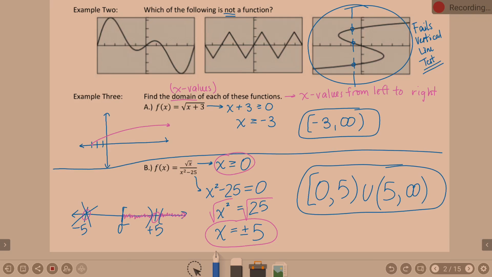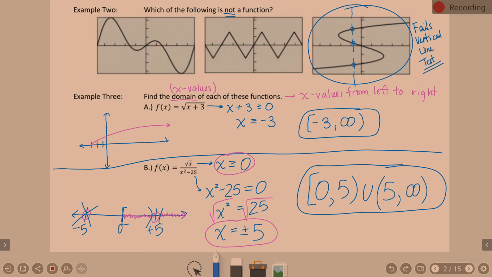Okay. Did you look at this graph? It's kind of a funky graph, but here's my question.